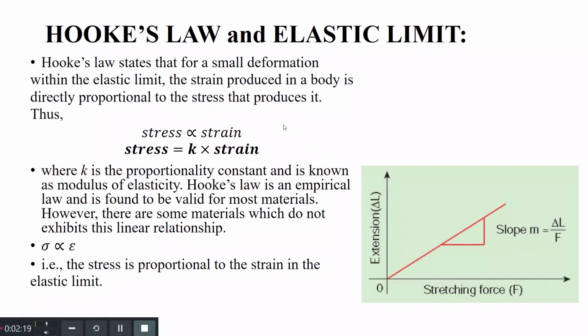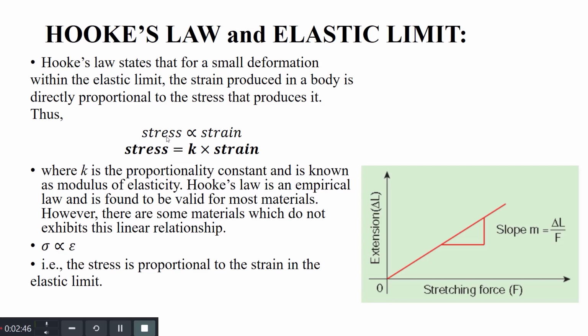Now, what is Hooke's law in elastic limit? You have learned in your previous classes Hooke's law, that the force has a direct relation with the displacement of the object. It can simply be said that for a small deformation within the elastic limit, the strain produced in a body is directly proportional to the stress that produces it.